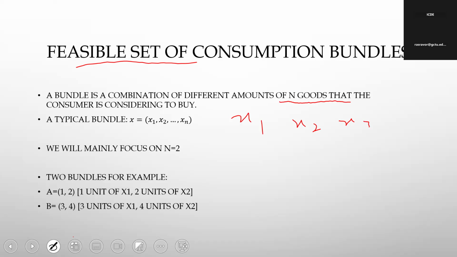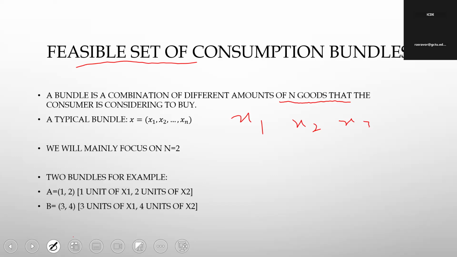For example, it can be foodstuff: waakye for X1, fufu for X2, gobe for X3. So they can be various sets of goods. And as individuals in real life, we are faced with various sets of goods. And these bundles, ladies and gentlemen, influence our choice.